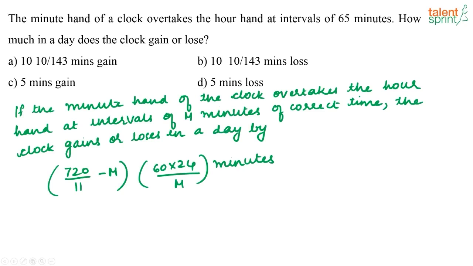So what are they saying here? In the question given here, they are saying that the minute hand of the clock overtakes the hour hand at intervals of 65 minutes. So what is the value of m here? M is nothing but 65. Just substitute that in this.